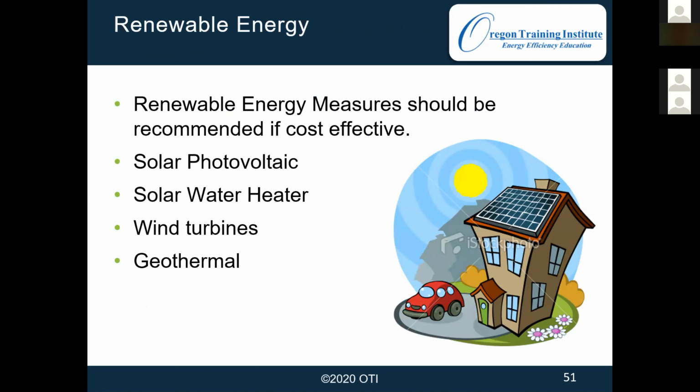Now, renewable energy is not usually something we can do, but BPI wants us to consider it whenever possible or cost effective. So they have a little thing about that, whether it's photovoltaics, solar panels that are making electricity, or solar water heater, or even solar space heater, to wind or geothermal.